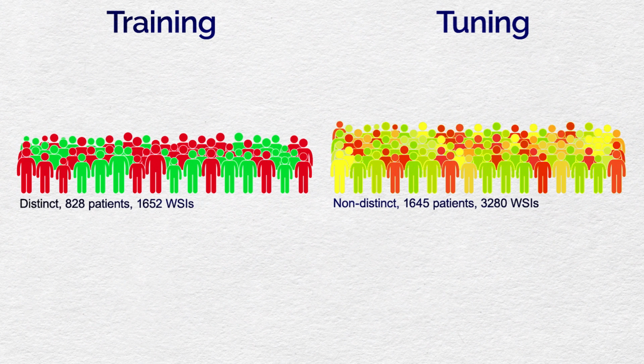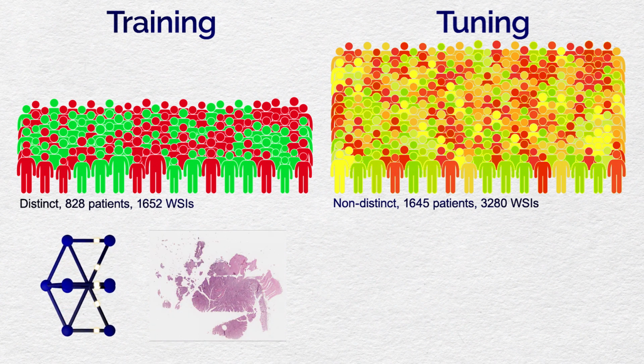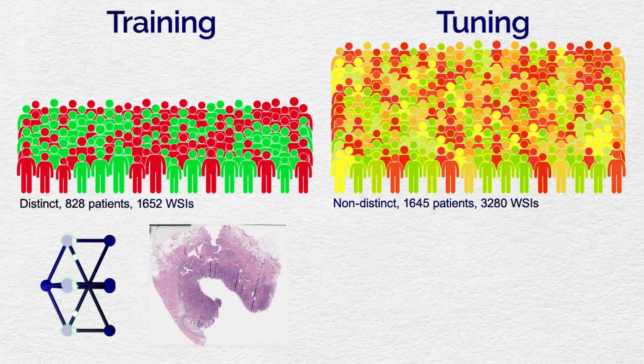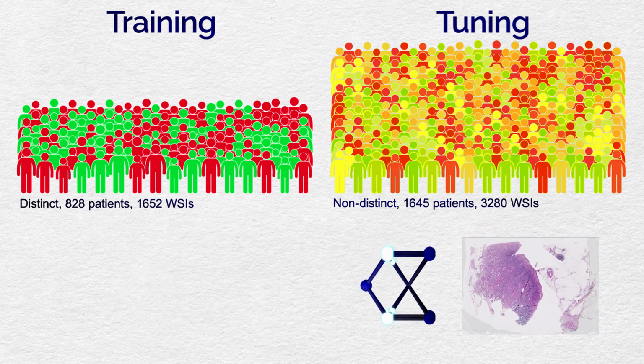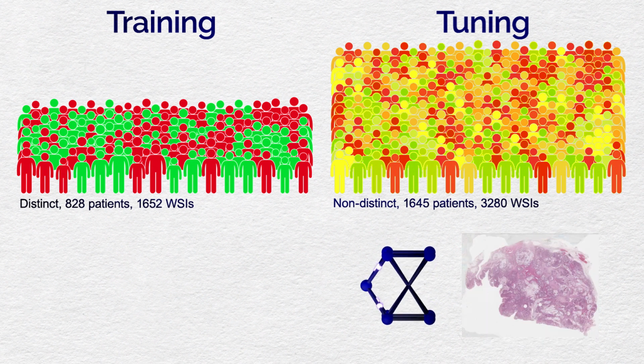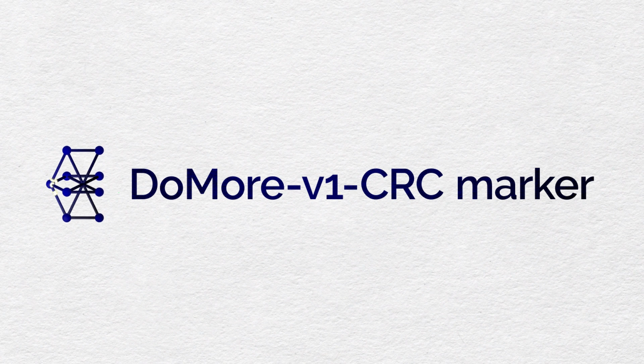The whole slide images were sorted into training and tuning cohorts. Images from patients with distinctly good or poor disease outcome were used for training 10 deep learning networks, while images from the other patients were used for tuning to determine the final classifier. This classifier of patient outcome was termed the DoMore V1 CRC marker.